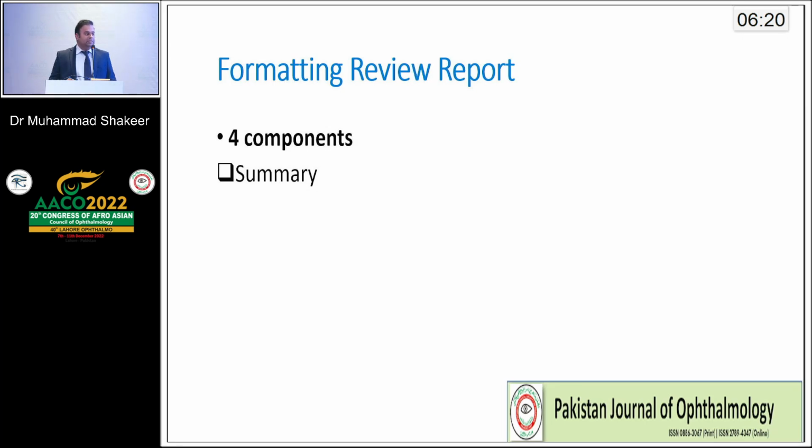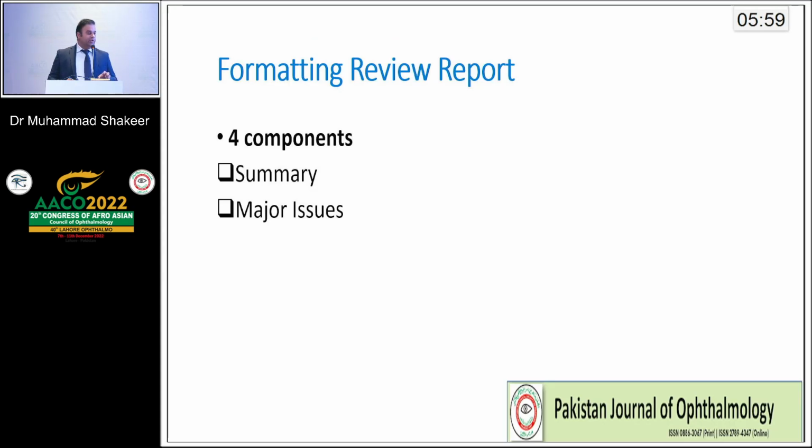We all know that every research article has some key components: abstract, introduction, methodology, results, and discussion. There are key components and fundamental elements that need to be presented in those components. If any of them is missing or deficient, these are the major issues that need to be pointed out after the summary.